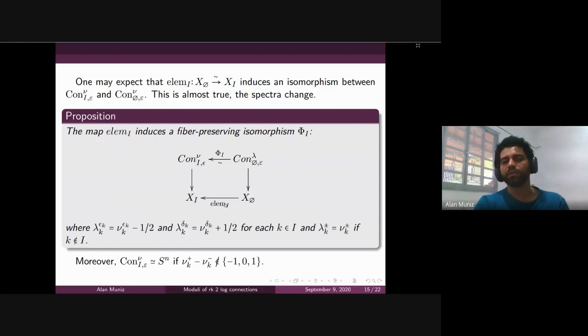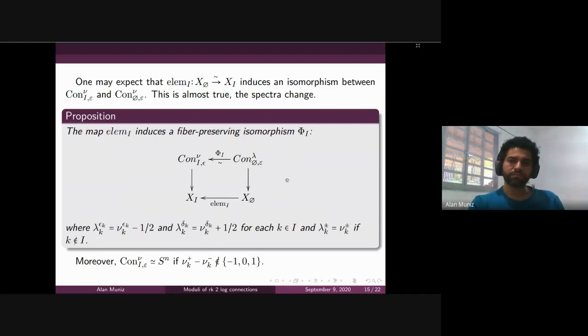When we defined the elementary transformation, we had a map from E prime to E, and we can use that map alpha to pull back the connection, and then twist the connection with a connection on the line bundle L0, and this gives a connection here.